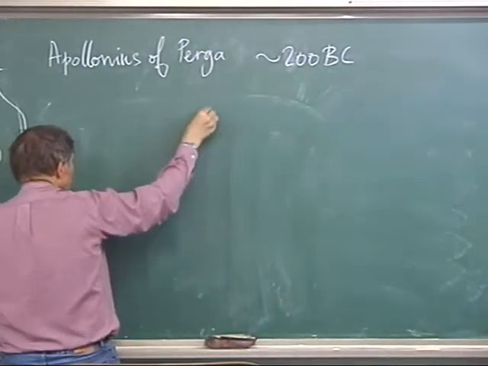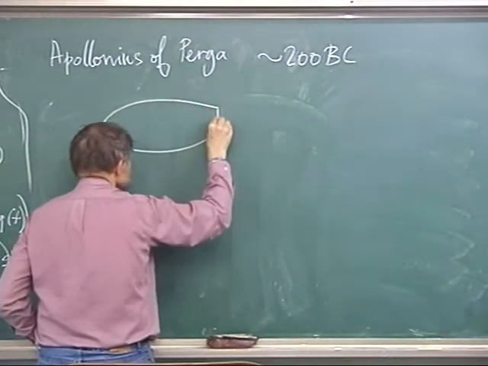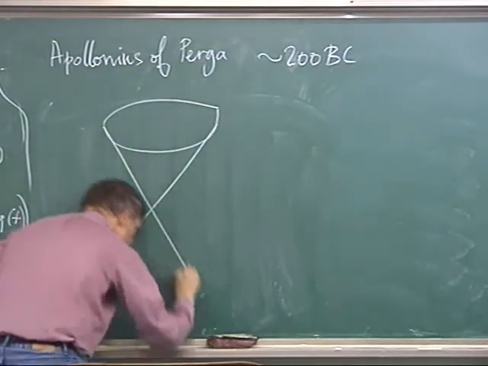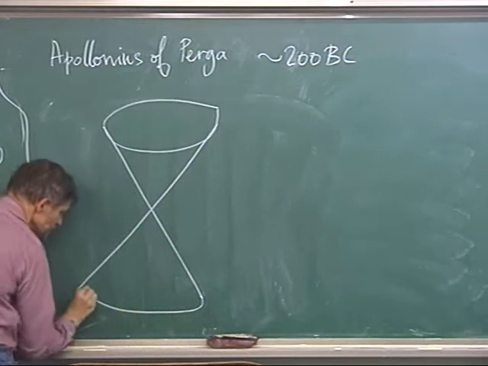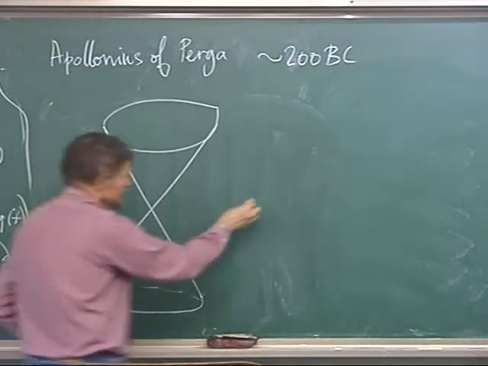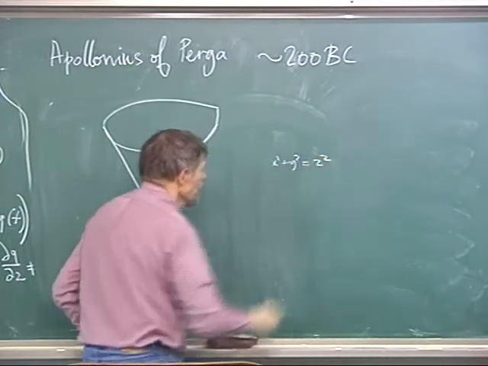Let's take a round cone. For example, this might be x squared plus y squared equals z squared.